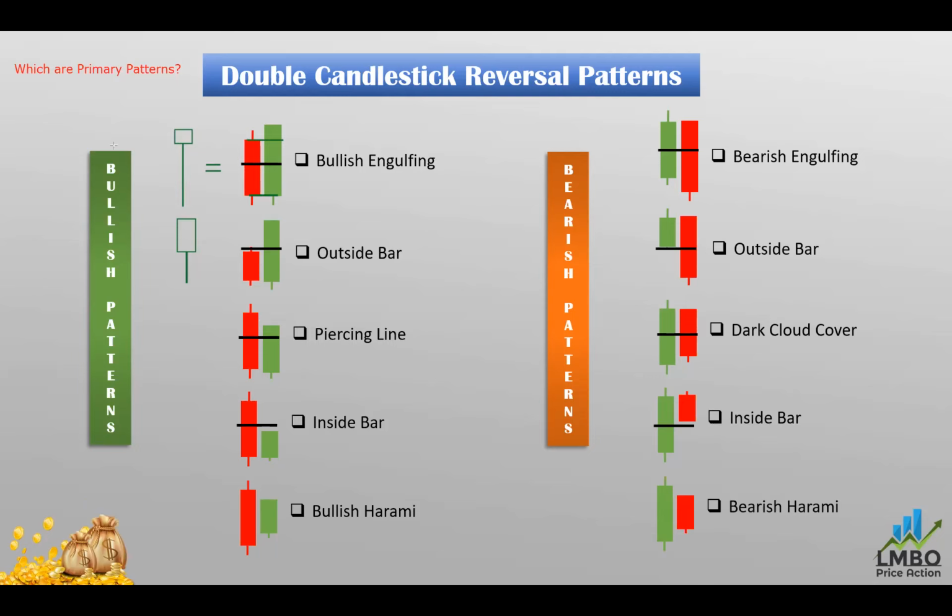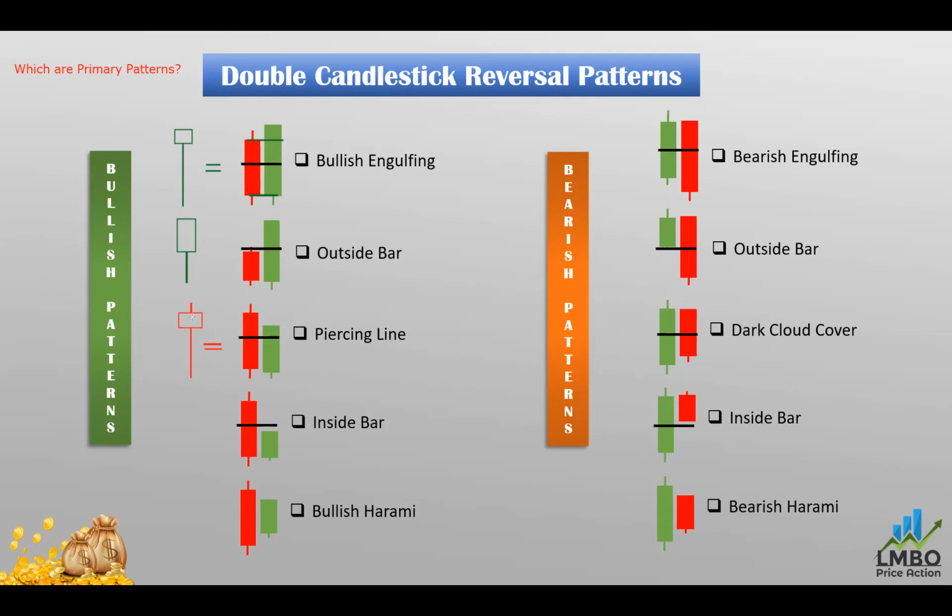This one, which is this pattern? See here. A piercing line pattern is equal to the bearish pin bar. Bearish pin bar means we are thinking that the sellers are getting weak and buyers are getting control.